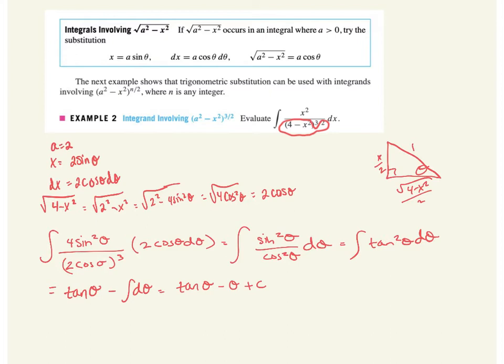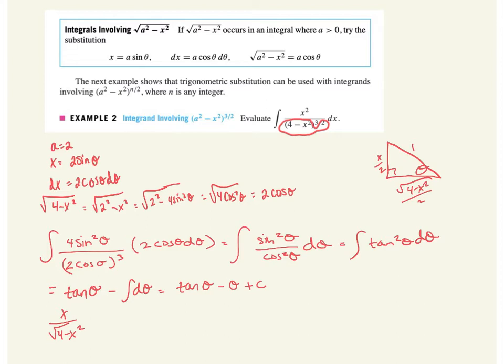Obviously, I could multiply everything by 2 and that all cancels the denominators out, but that's just what I did. Okay. Anyways, I did this so that I could figure out my tangent, and my tangent then becomes opposite over adjacent, so I'm going to have x over square root of 4 minus x squared.